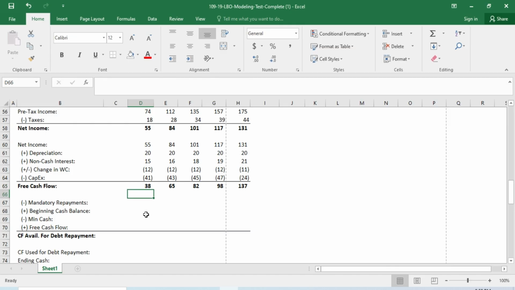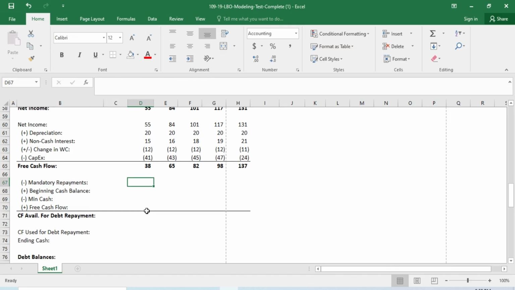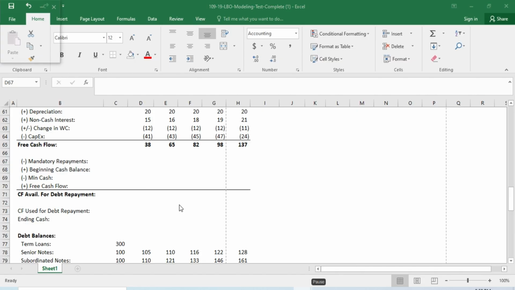Okay, now for interest expense, I will just sum all the interest payments including cash and non-cash.